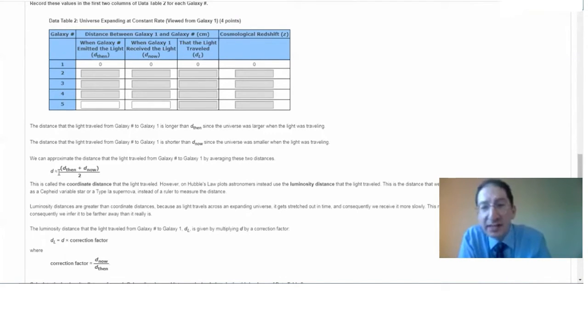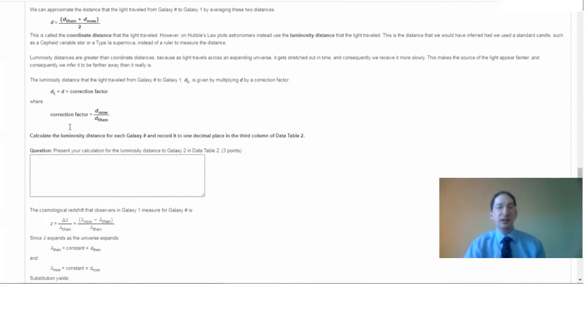And luminosity distance is what we want to plot because that's what the astronomers plot. Now you can calculate luminosity distances from your coordinate distance and your d now and d then pretty simply. Luminosity distance is just the coordinate distance times this correction factor. And the correction factor is just d now over d then.